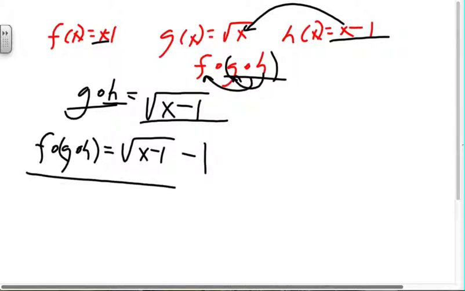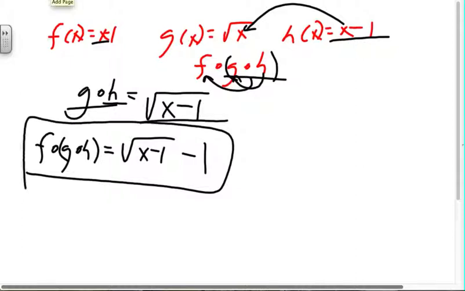And there's your answer, right there. So essentially what you're doing with these is you're dealing with two parts. You've got two composited problems. First you do g of h, composite h into g, and then you take that result and you composite it into f. And it's the same idea if you end up with 4 of them. You take this guy, and you composite it into that, and then you take that result and put it into f.